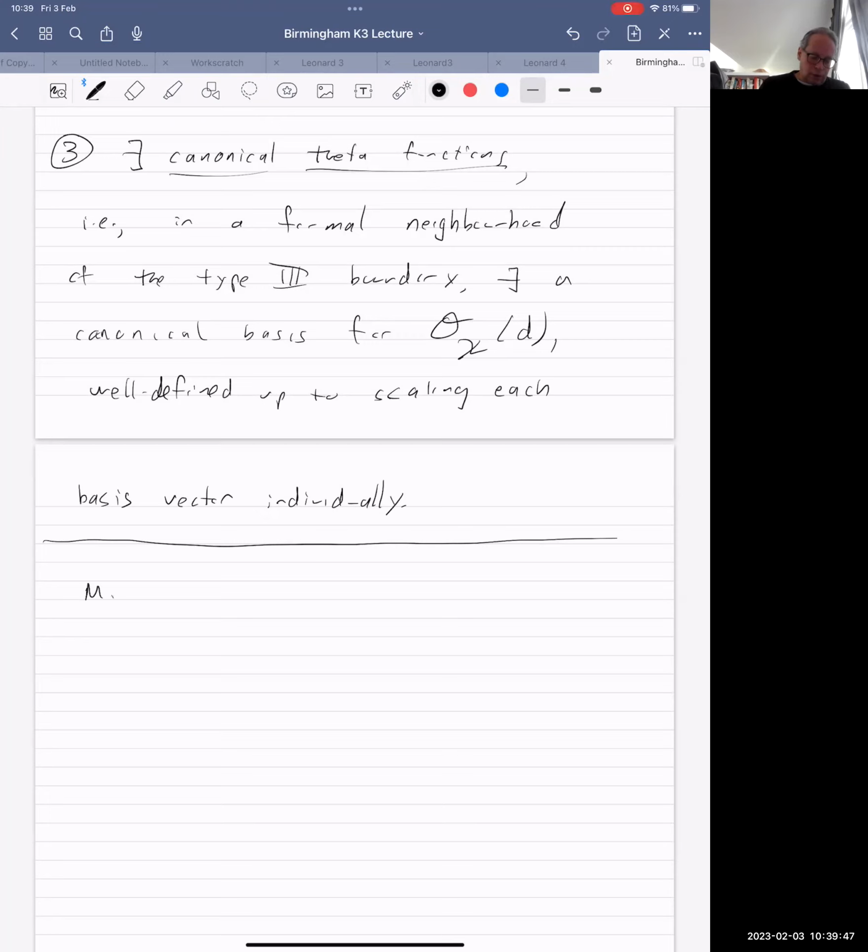This is usually called the DNV, Dolgachev-Nikulin-Voisin mirror family.